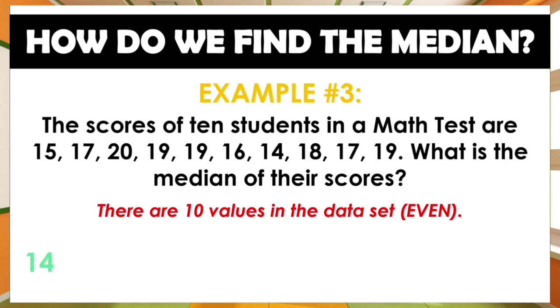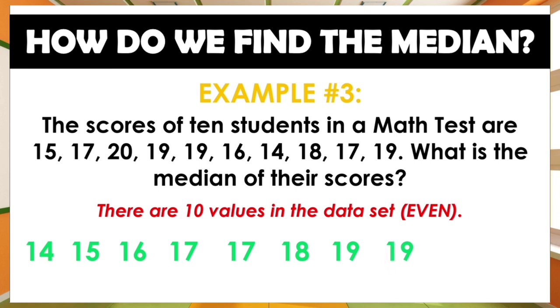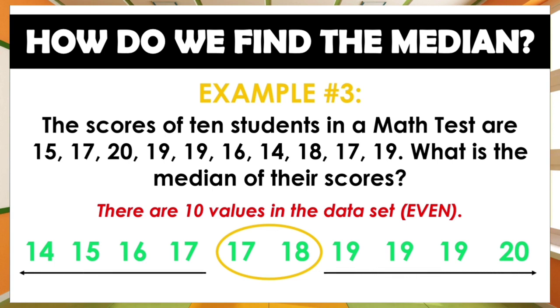Arranging from lowest to highest, we have 14, 15, 16, 17, 17, 18, 19, 19, 19, and 20. As you can see, the two middle values are 17 and 18. To get the actual median, we should compute for the average of the two values.